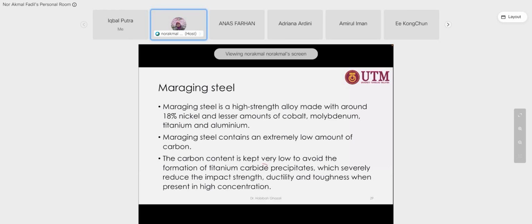Why? Because any metal carbide, even iron carbide, is very brittle. That is the reason maraging steel improves impact strength. If it is brittle, there is no way you can have high impact strength. So maraging steel avoids the formation of carbides with other elements.